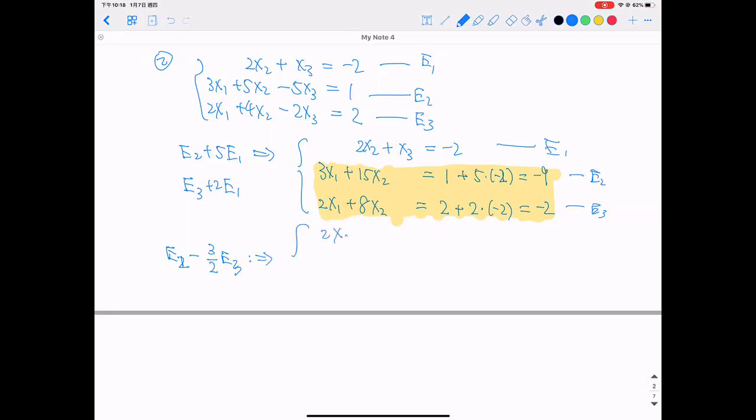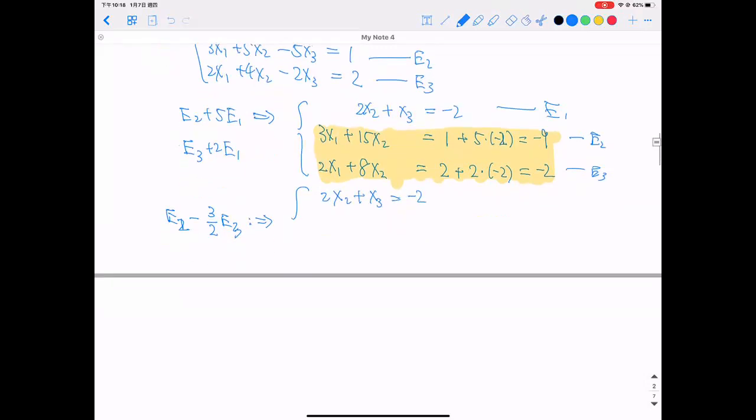Now E1 is left on the side for now. If I take E2 and subtract 3/2 of E3, I would cancel x1, right? Because 3/2 and 2 here give me a 3. And so that will make x1 disappear.